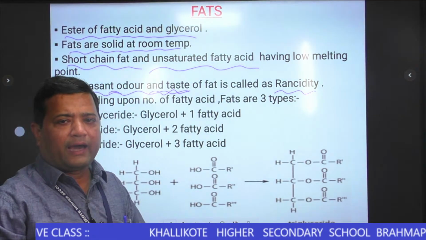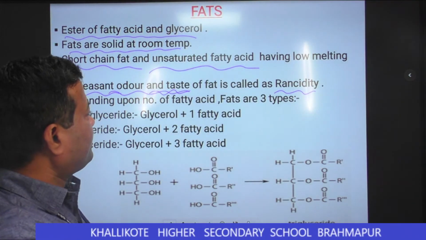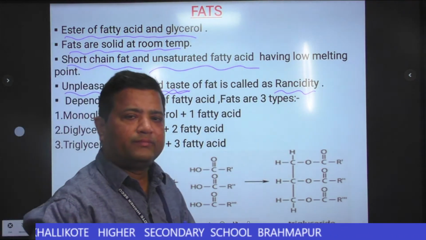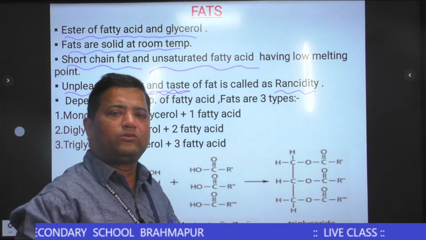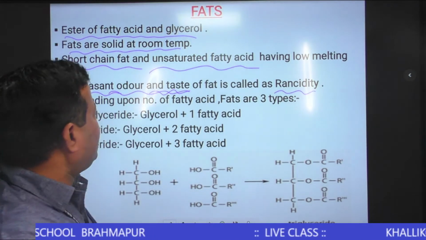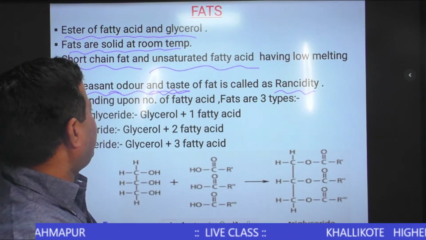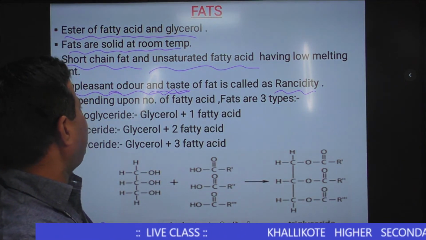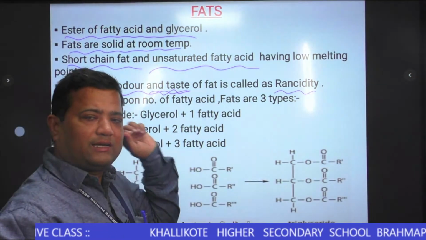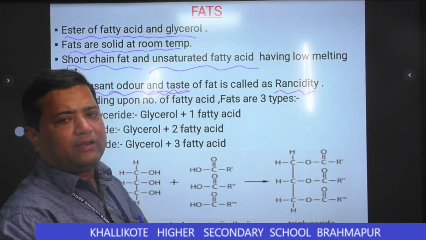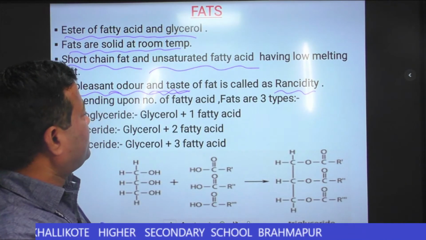Generally animal fats have higher rancidity. If they are exposed to air and moisture, they easily develop unpleasant odor, bad taste and smell, so they cannot be used by human beings.